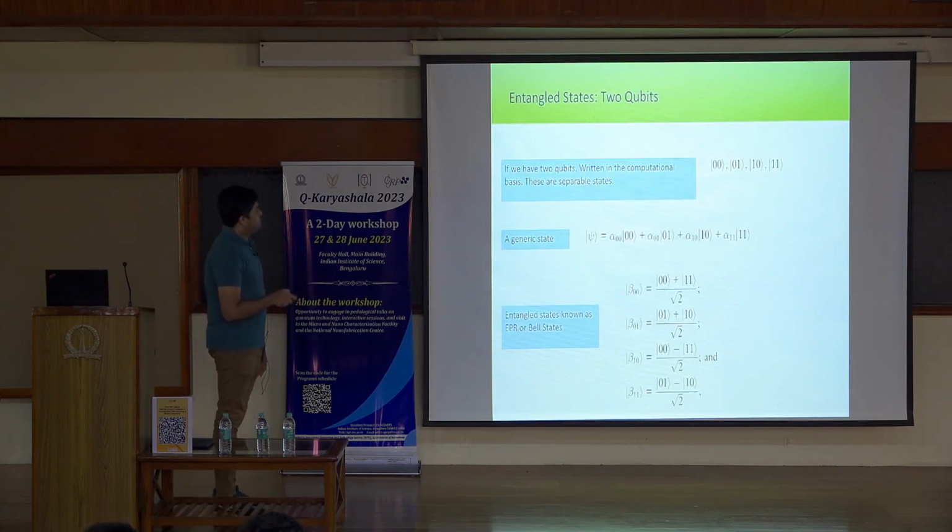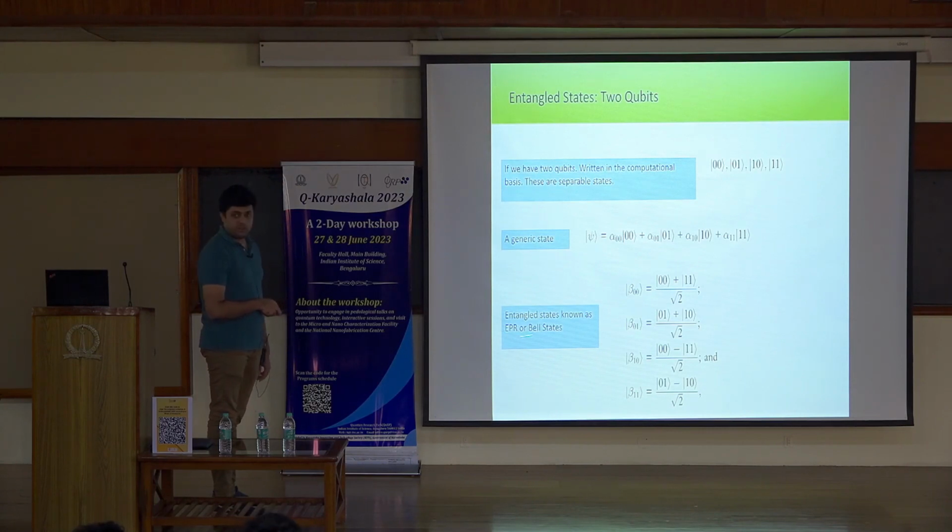So now, if you look at the computational basis, these are separable states. And an arbitrary state can be written in this way. And these are the entangled states which form a basis.